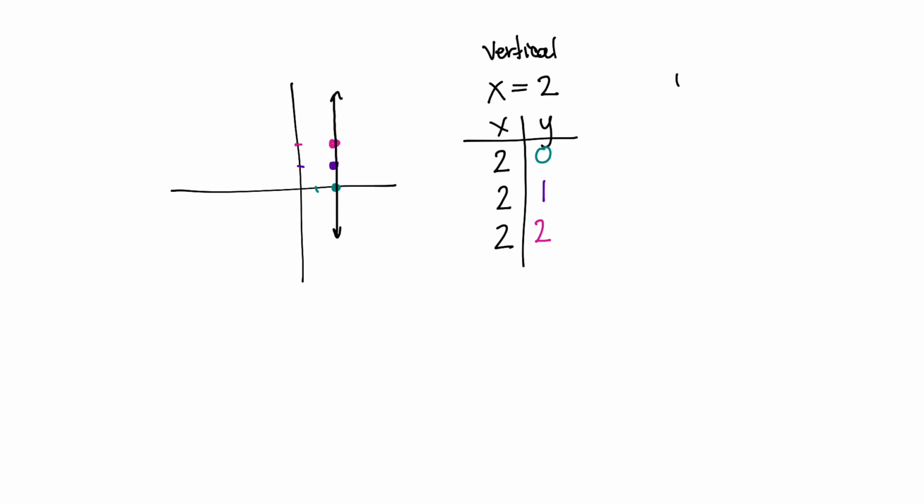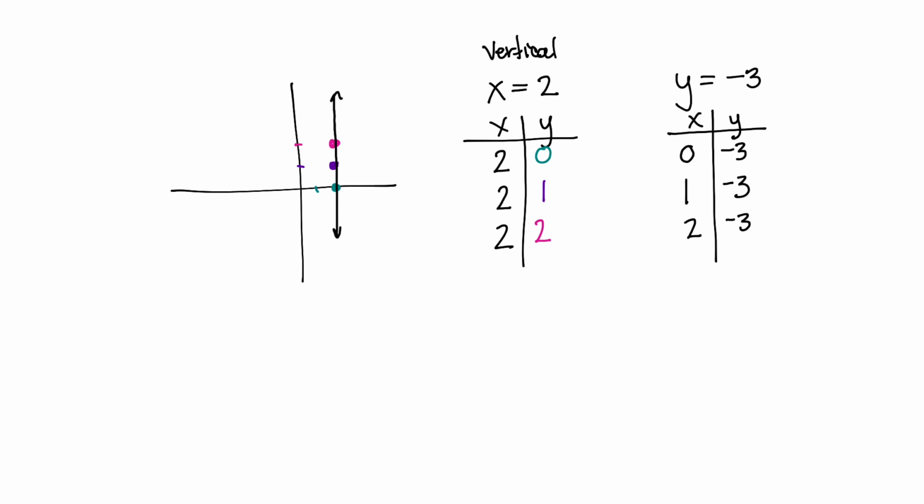So what do you think a y-only equation is? Yeah, it'll be a horizontal line. But let me show you why. So x, y. Choose a value for x. What is y? Negative 3. Choose another value for x. What is y? Negative 3. Choose another value for x. What is y? Negative 3.